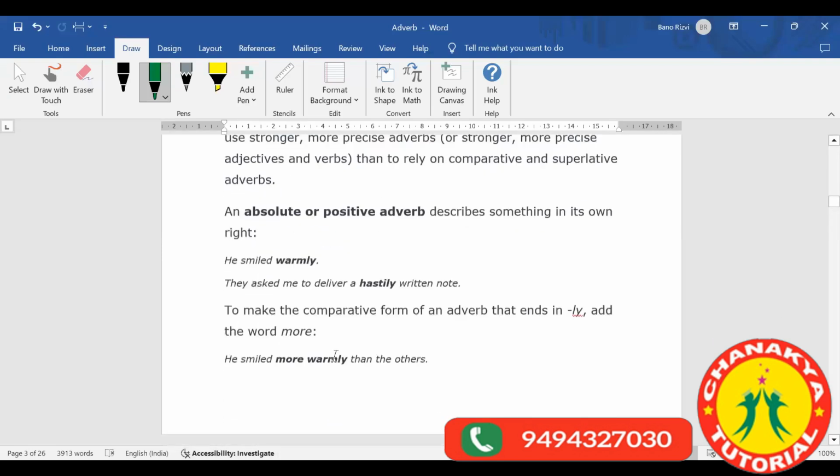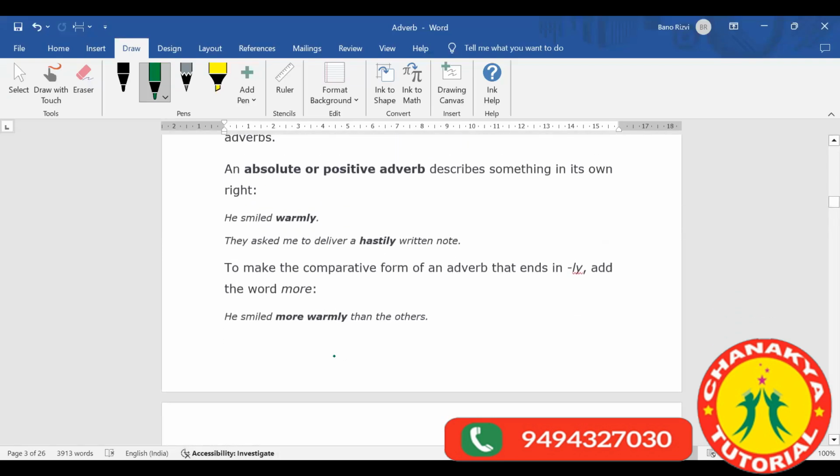We have an example here. An absolute or positive adverb describes something in its own right. He smiled warmly. They asked me to deliver a hastily written note. Now this is comparative, right? We are comparing here.